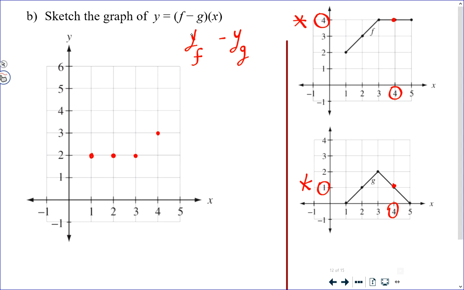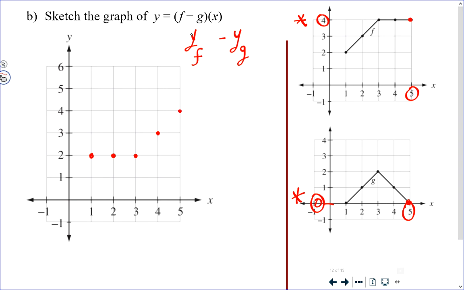We have one left to do. We look at x being 5, and that gives you an output or a y on f of 4. When x is 5 here, the output is 0. So we have to take the y-coordinate of f minus the y-coordinate of g. 4 minus 0 is 4.